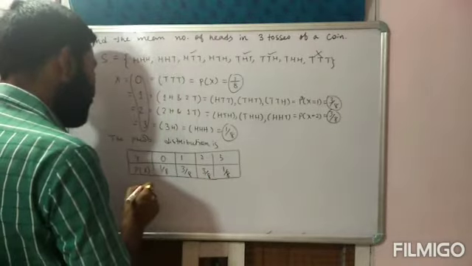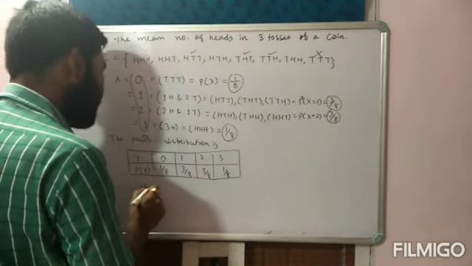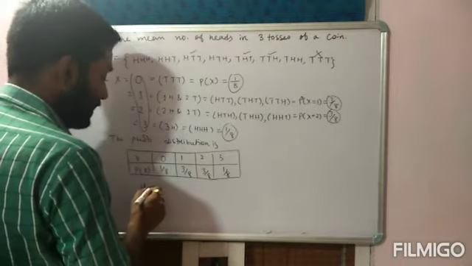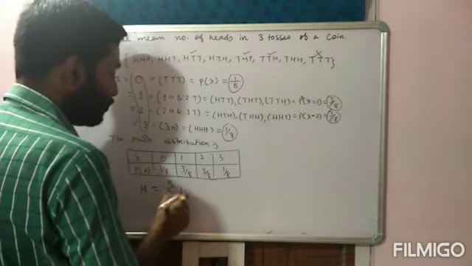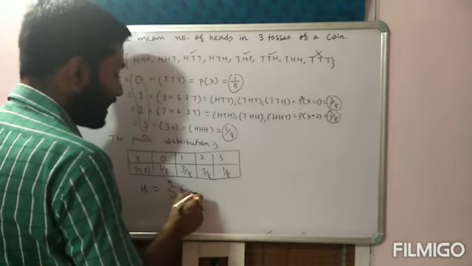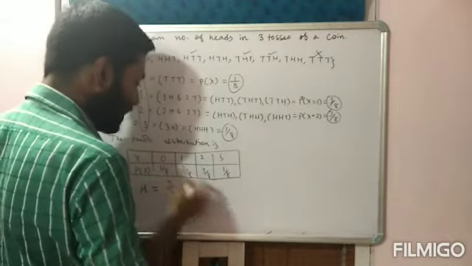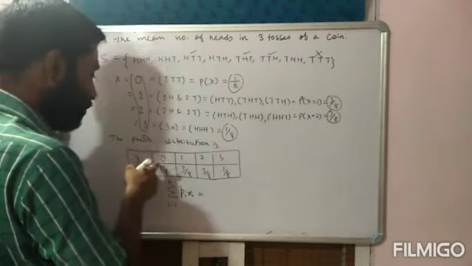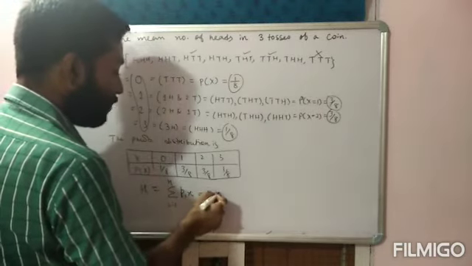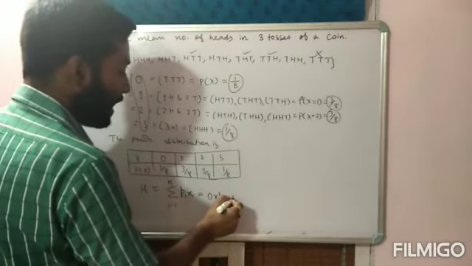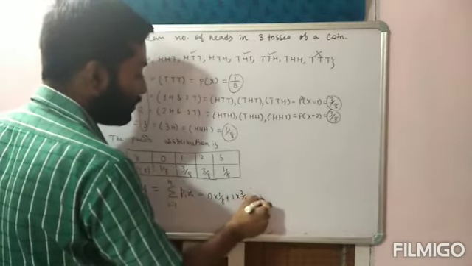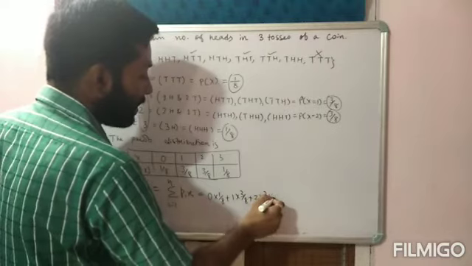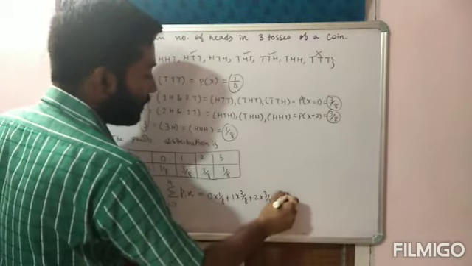So for mean or expectation of X, which is denoted by mu, what is the formula? Summation i from 1 to n Pi into Xi. So that is P1 into X1, that means 0 into 1 by 8 plus 1 into 3 by 8 plus 2 into 3 by 8 plus 3 into 1 by 8.